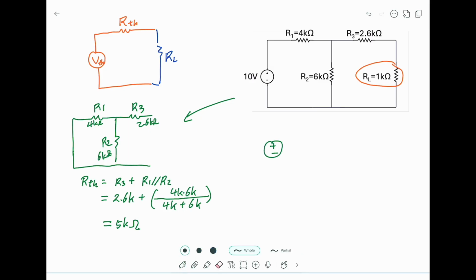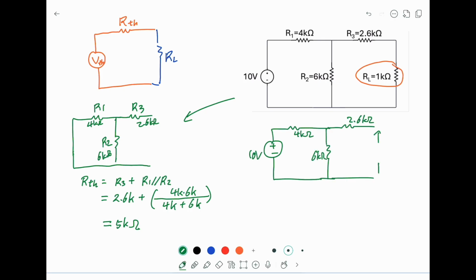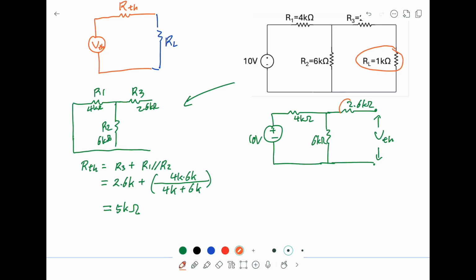Next, we're going to find the Thevenin voltage. Again, we remove the load resistor. And the voltage across these two ends is the Thevenin voltage. The resistor 2.6 kilo ohm is connected to here, and the voltage at this point is the same as the voltage at this point.